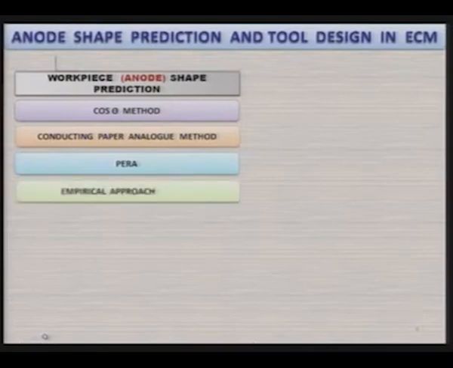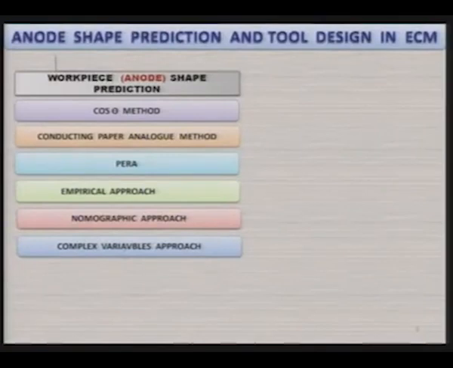Then various researchers have proposed empirical approaches for the prediction of the shape of the workpiece after electrochemical machining. This includes the prediction of the inter-electrode gap in various zones during electrochemical machining, as we will discuss in detail.